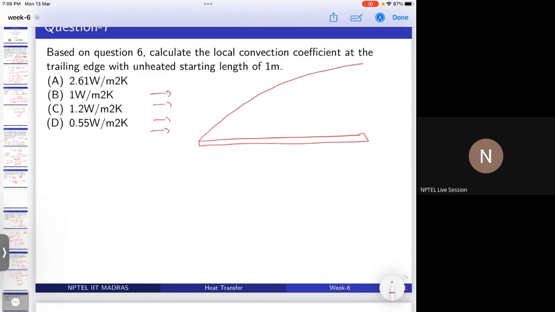Okay, sorry, the hydrodynamic boundary layer is growing from the leading edge itself, but from this point onwards only the heat transfer happens.